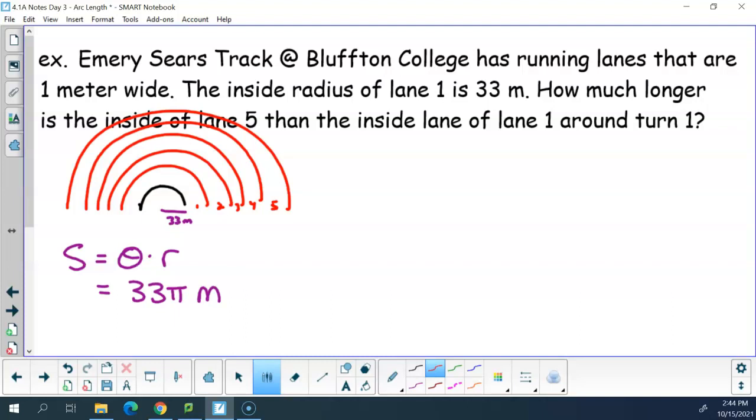What is the radius for the inside of lane 5? 37. Do we agree with 37? You tell me. It's the inside. So the inside would be 4. You have 5 lanes there.